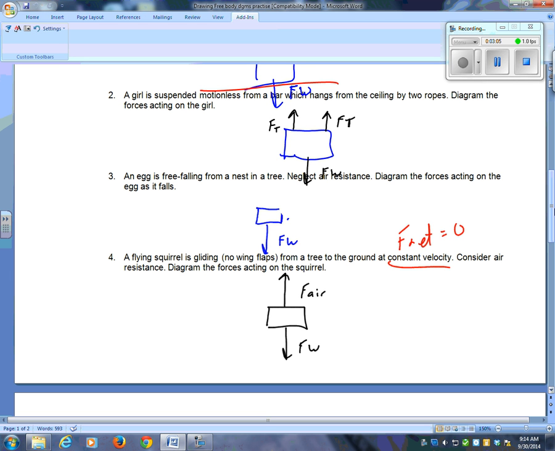Now you might say, well, a flying squirrel is going sideways. Don't I have to show that somehow? Doesn't there have to be some sort of arrow going forward showing that it's moving forward? And the answer is no. There's no force pushing them forward. Is that what you were talking about earlier, Jake, you and I? Yeah. There is no force pushing them forward. They just happen to be already moving forward. Remember, Newton said that an object in motion stays in motion, doesn't need a force to keep moving.